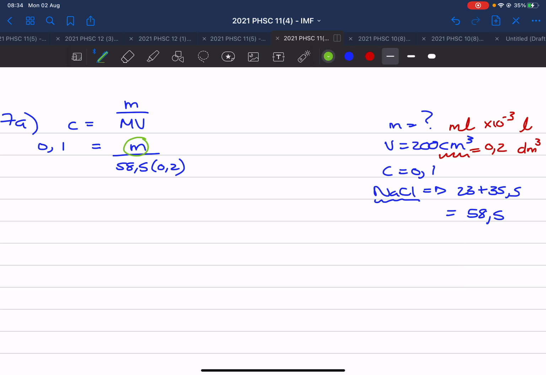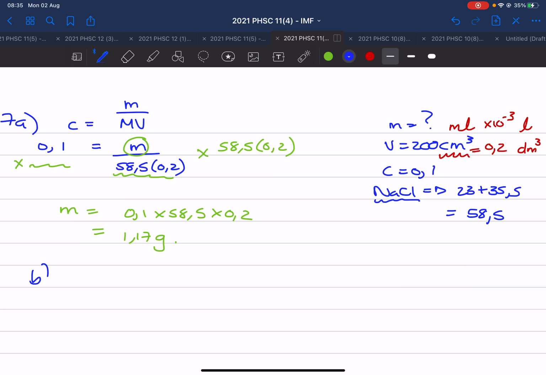So the mass is at the top of the fraction. We are happy with it there. But we must get rid of this bottom part. How do we get rid of it? We multiply with it on both sides. So you get mass is 0.1 times 58.5 times 0.2. That is what you must fill in on your calculator. So if we do that, then you get 1.17 grams.